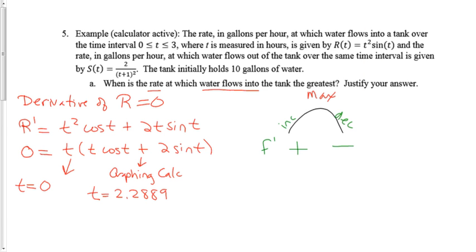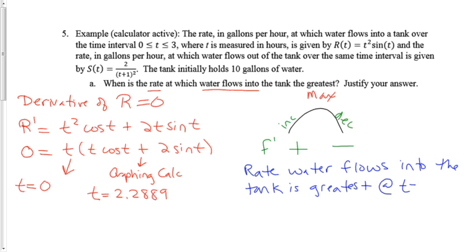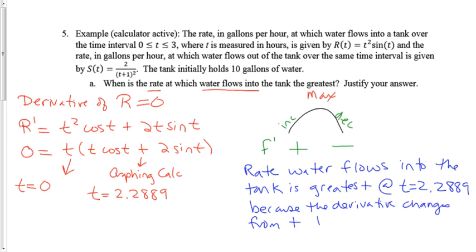So the rate that water flows into the tank is greatest at t equal to 2.2889 because the derivative changes from positive to negative, which means the function r changes from increasing to decreasing.